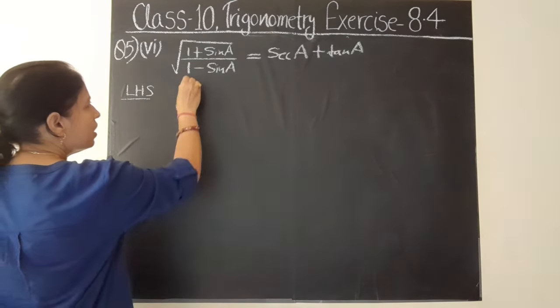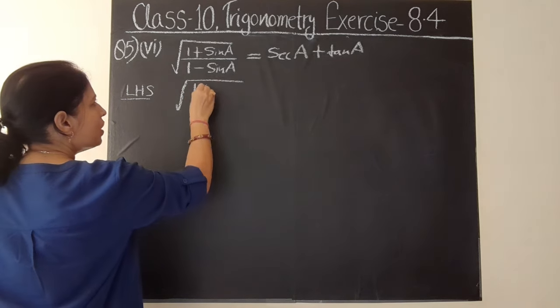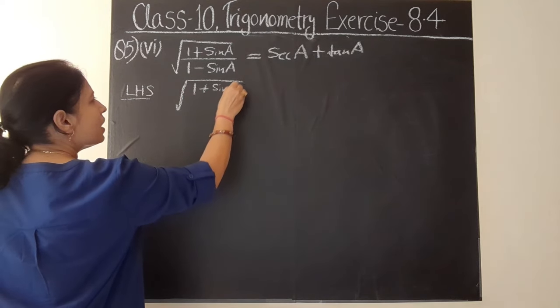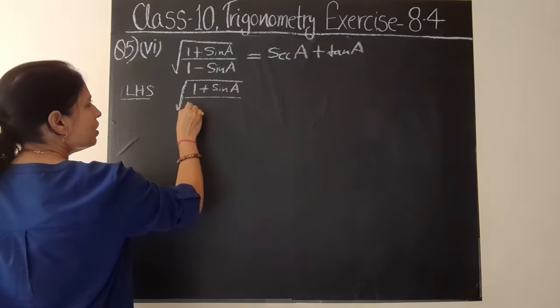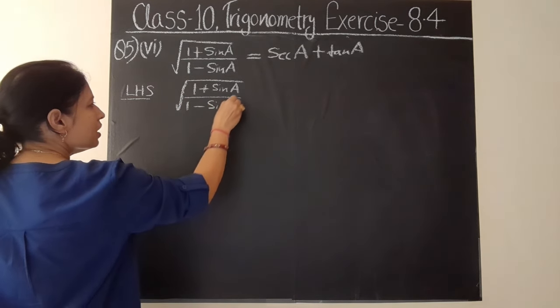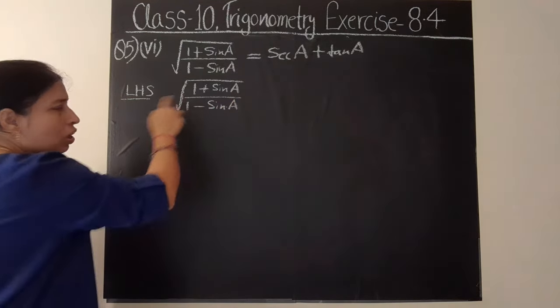LHS is 1 plus sin A divided by 1 minus sin A. Look here.